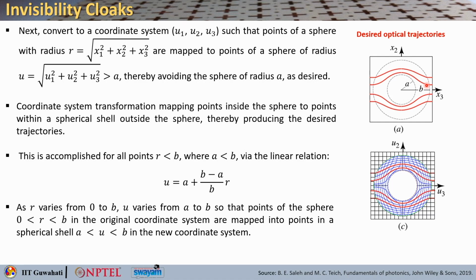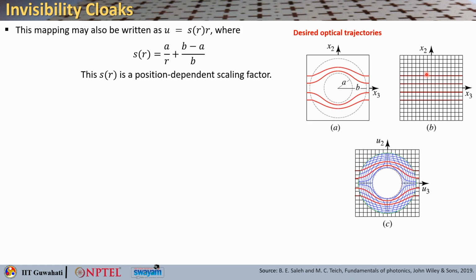So what you can say is that this entire region of r ranging from 0 to b in the original coordinate system is now mapped into this spherical shell where the u value ranges from a to b in the new coordinate system.